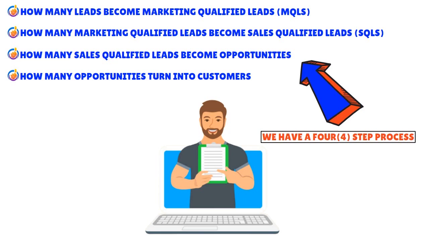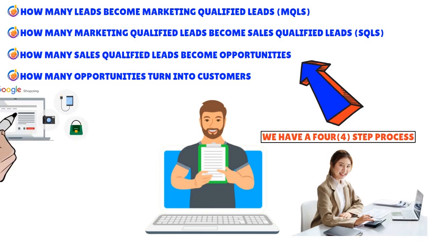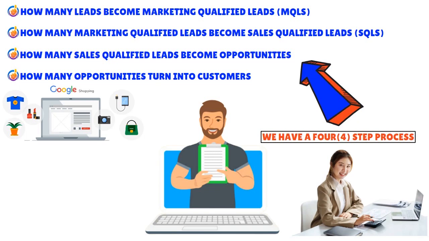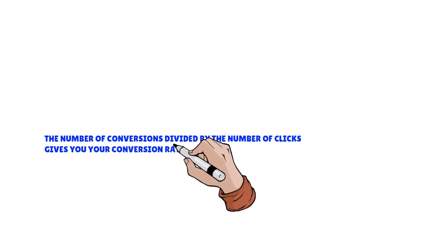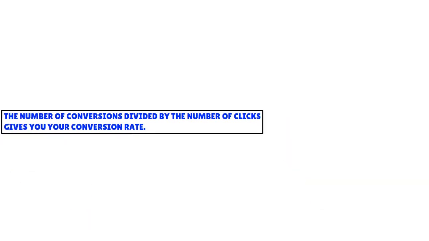Okay. So all of this will be calculated in the same way that you would calculate a normal conversion rate in your Google Ads account. Of course, there will be subtleties depending on the niche you're in, depending on your sector. But overall, the process is pretty similar. The number of conversions divided by the number of clicks gives you your current conversion rate.